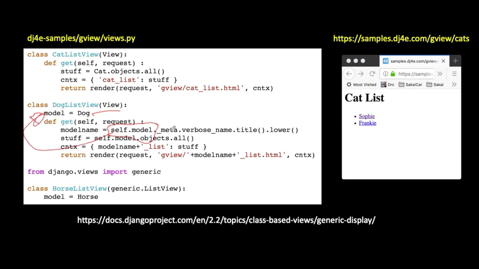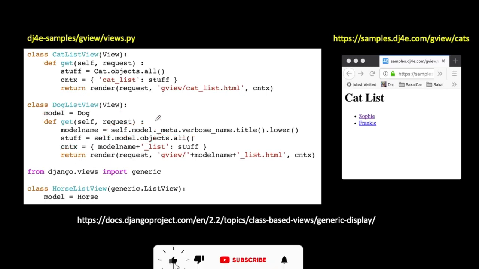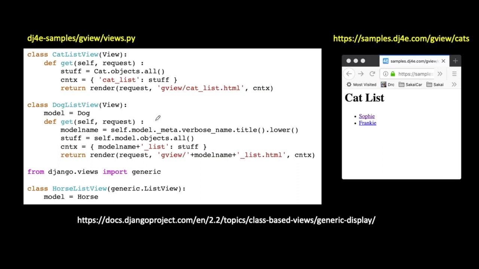And this little meta verbose_name title to lowercase, you can figure that out by yourself by going to Stack Overflow eventually. That's how I figured it out. I wanted to get a lowercase version of the model name. So the model's name is a string DOG, which is not the same as the dog model. And so model name is going to be lowercase dog. But if model is cat, then model name will be lowercase cat in this bit.